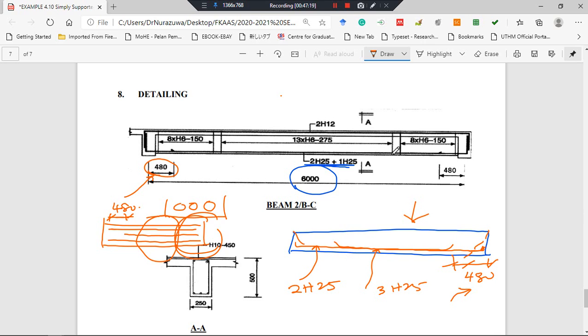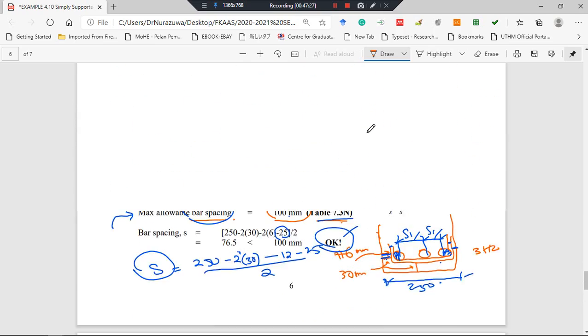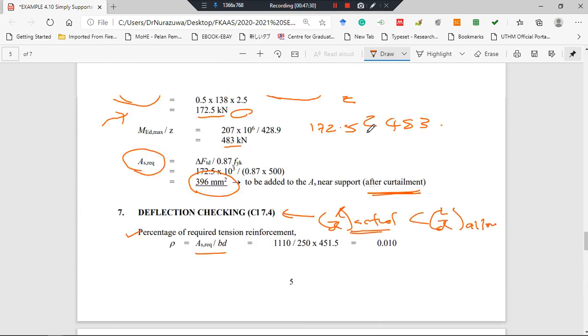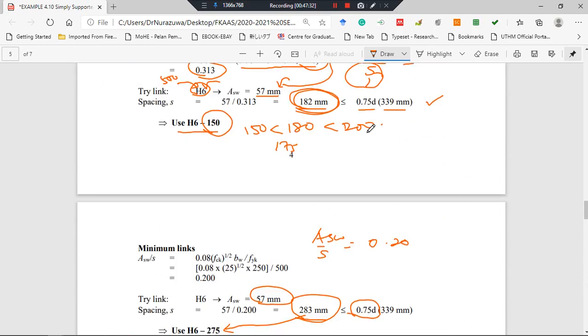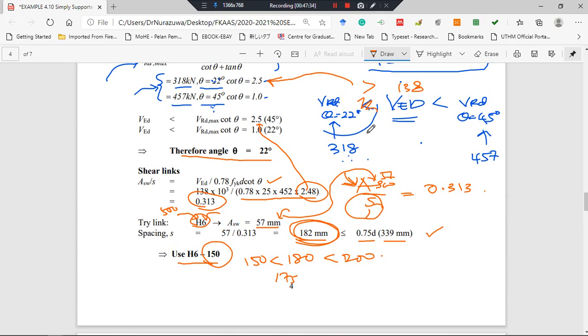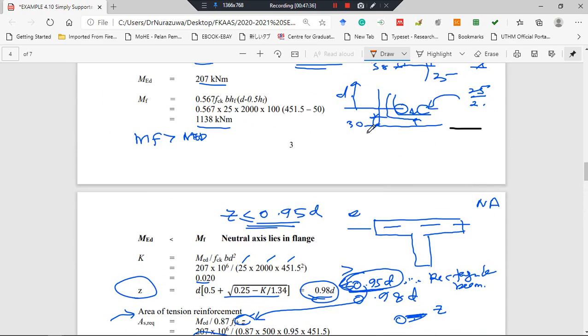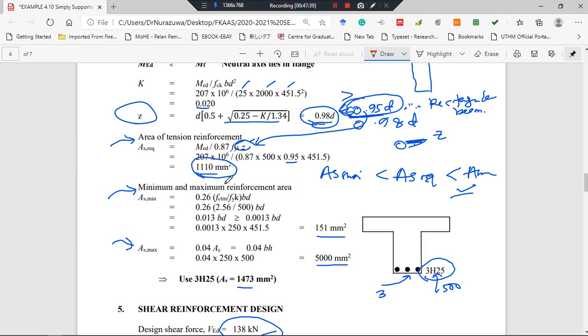And then this is the 2H12. So earlier we decided we use only the tension area.